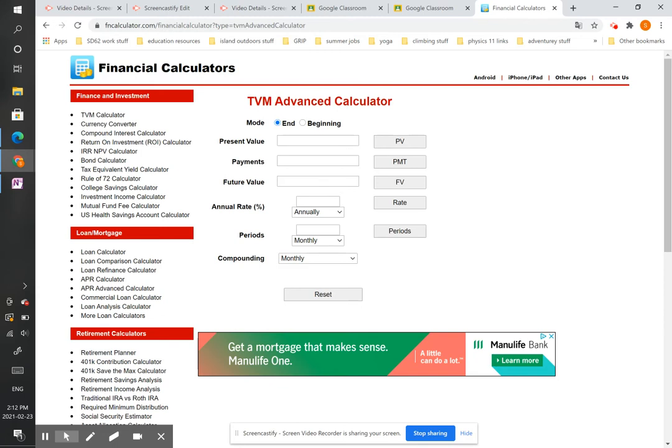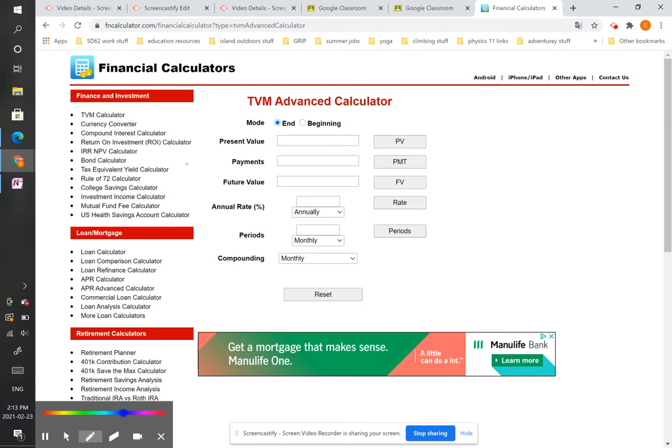And your book has something very similar to this. So you can see, if you're looking at page 323, N represents the total number of payment periods. So that would be your periods. And then I is interest rate, or annual rate. It's all transferable. PV represents present value, and PMT represents the payment amount.